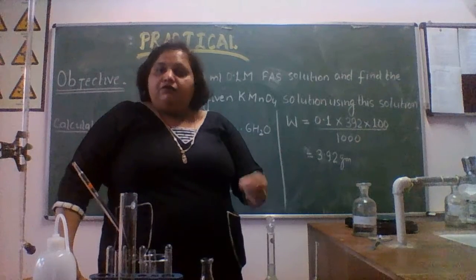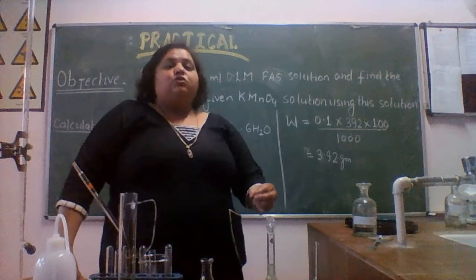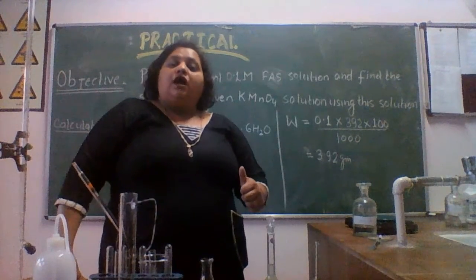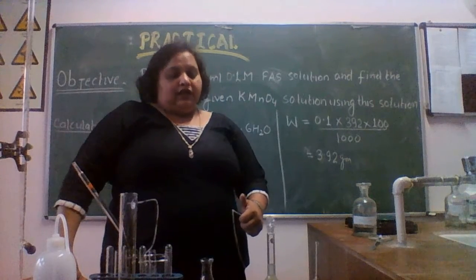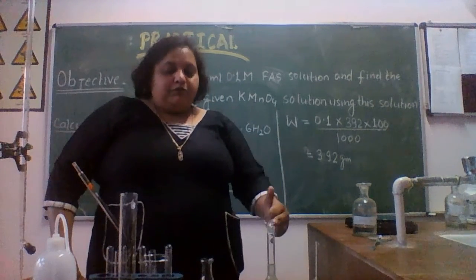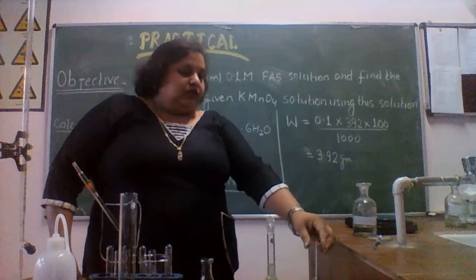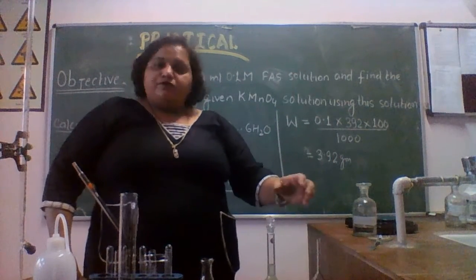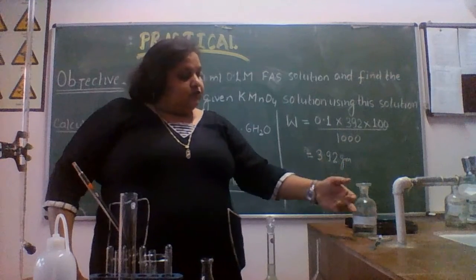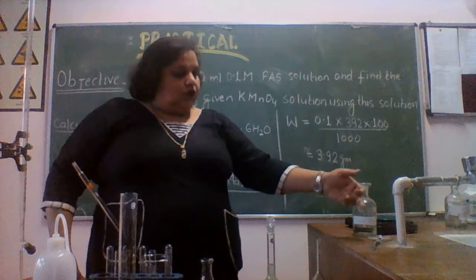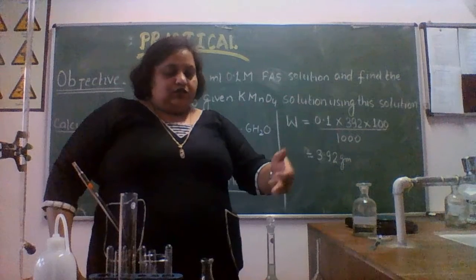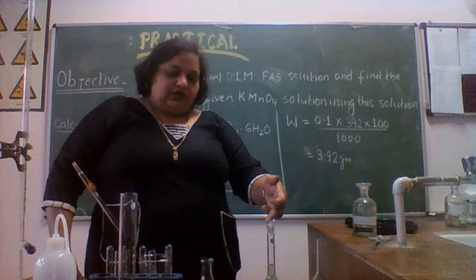You have to take important precautions at every step, right, so that your result is 100% correct. You have to use the conical funnel for transferring the salt, then a few water drops on the watch glass only, so that all the salt is transferred here.